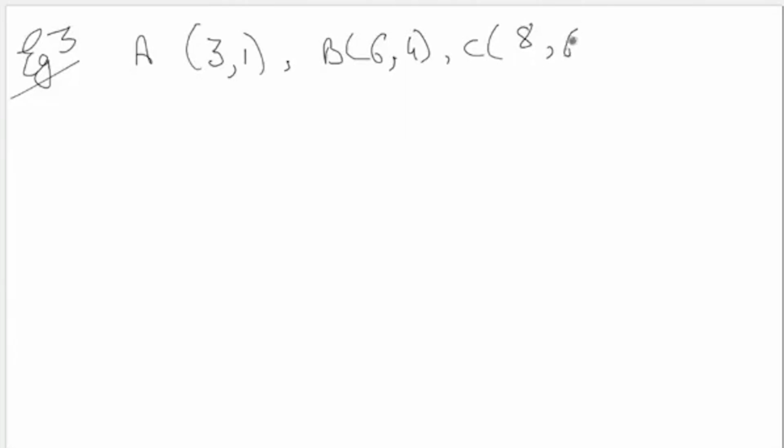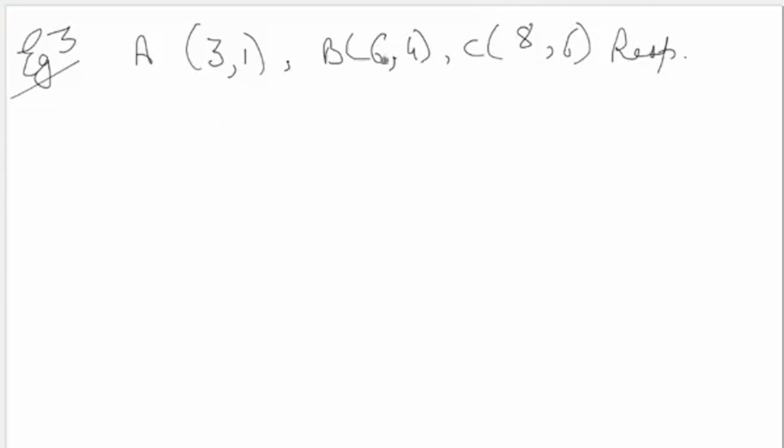Ashima, Bharti and Camella are sitting at A 3 1, B 6 4, C 8 6 respectively. What do you think? Are they sitting in a line? Give reason to support your answer.